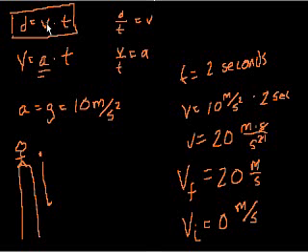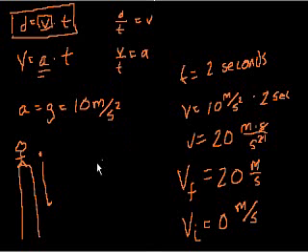Since the acceleration is constant, and you can only do this when the acceleration is constant, and in most of what you'll encounter in a first year physics course, the acceleration will be constant, especially when you're dealing with gravity. You can actually take the average velocity to figure out the distance, right? So what was the average velocity over the 2 seconds?